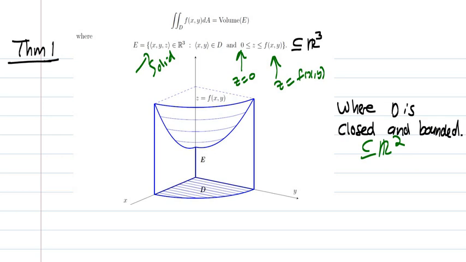So if you do this, you end up creating the solid that lies above the xy plane and in between till it touches the surface z equal to f(x, y). So that creates a solid E.